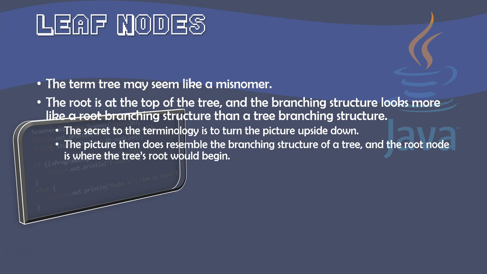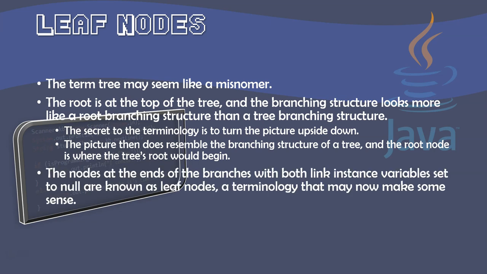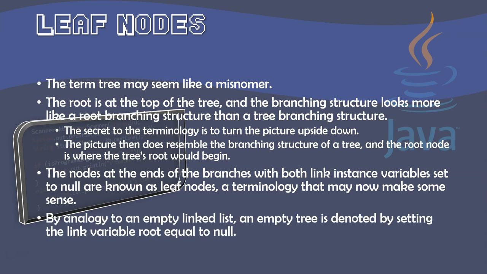So effectively, you're starting at a trunk, and then you're making your branches as you're building that out. Now, the nodes at the end of the branches, with these link instance variables that are eventually set to null, are what's known as leaf nodes. It's a terminology that may make some sense if we think about how this is an inverted tree. By analogy to an empty linked list, an empty tree is simply denoted by setting the link variable root equal to null.